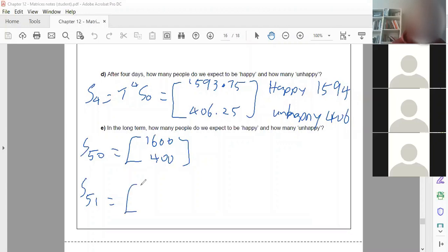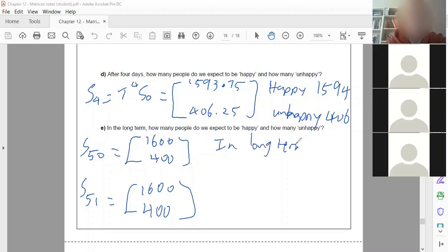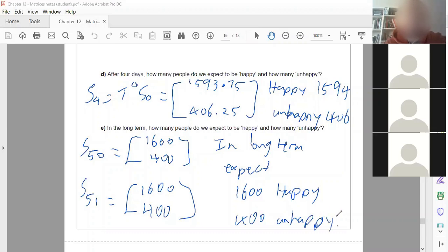I get 1,600 and 400. So great. In the long term, steady state, we expect 1,600 people to be happy and 400 people to be unhappy. All right, any questions there?